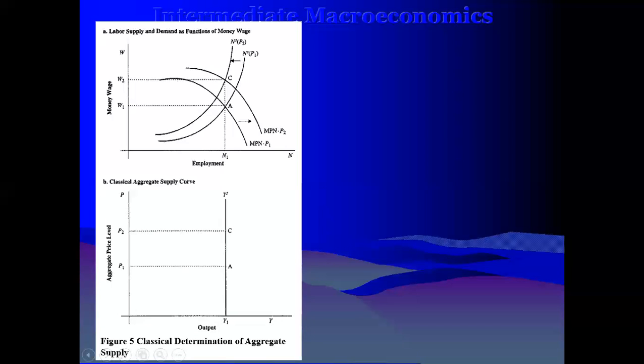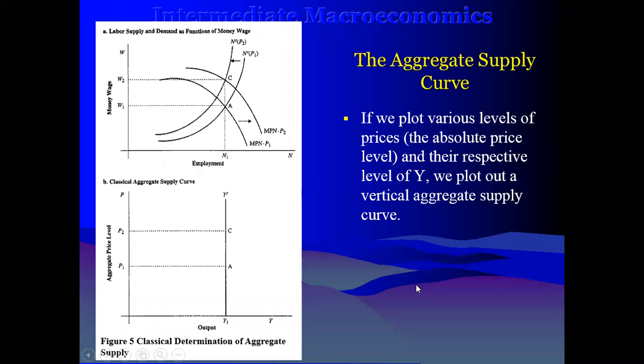So under this theory, the aggregate supply curve is vertical. It means that changes in price will have no effect on aggregate supply. So that's what we have here.